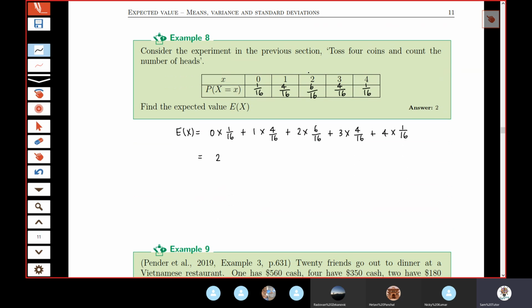But anyways, there it is. So consider the experiment we just did above, the toss 4 coins one. There are the probabilities that we worked out above, and then it just says find the expected value. The expected value would be 0 times 1/16, 1 times 4/16, 2 times, 3 times, 4 times, add it all up, you get your expected value being 2.